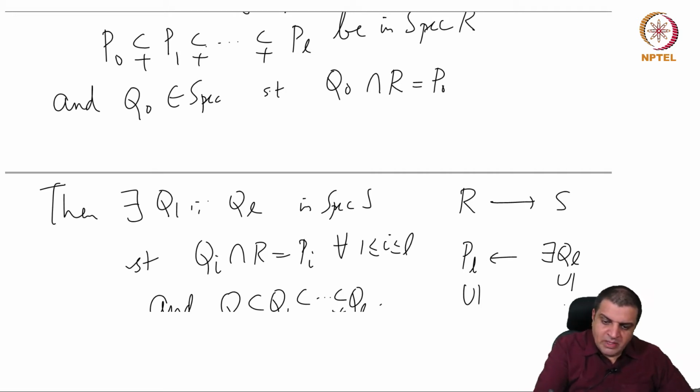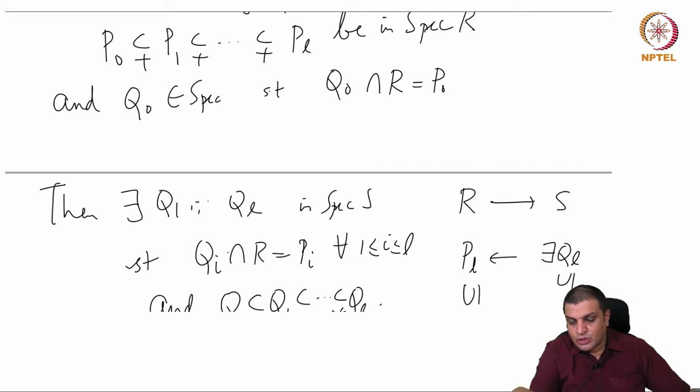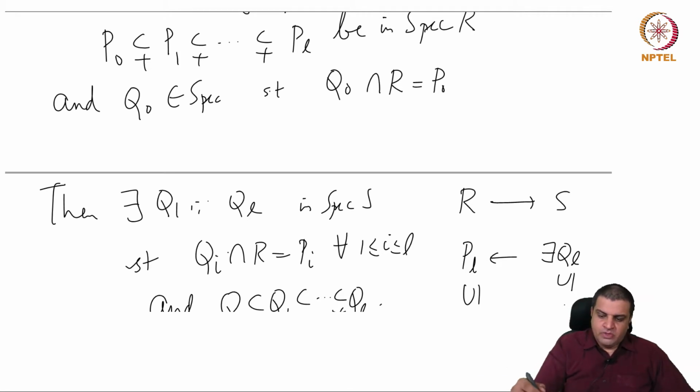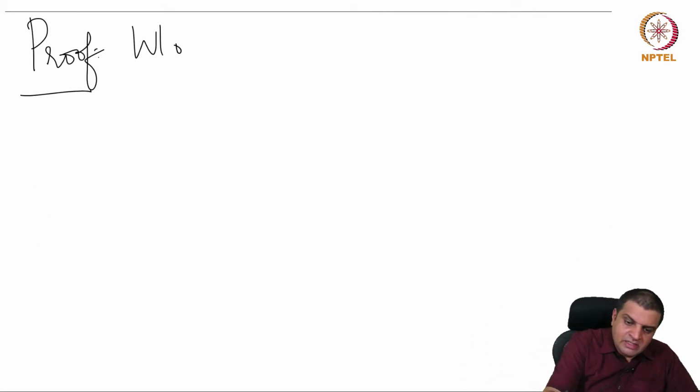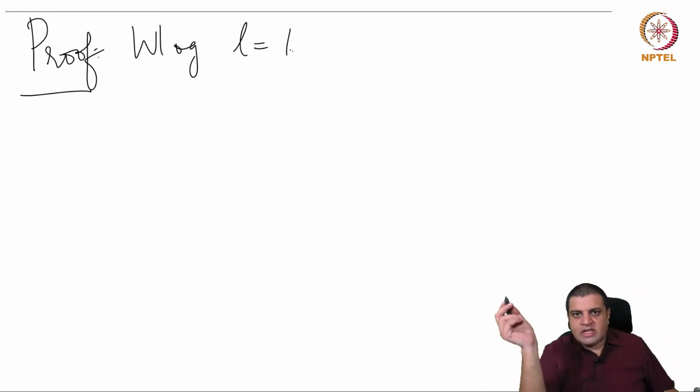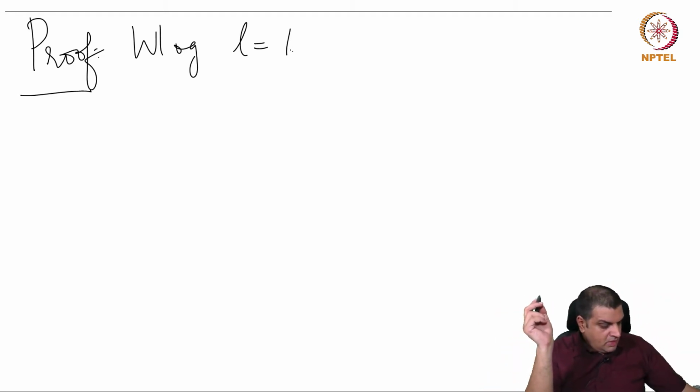Then between P1 and P2, apply the same theorem to get Q2, because Q1 has already been obtained, and then apply that to P2 and P3 and so on. One would get a chain of primes this way inside spec S. So without loss of generality, L equals 1, and the rest can be done by induction.